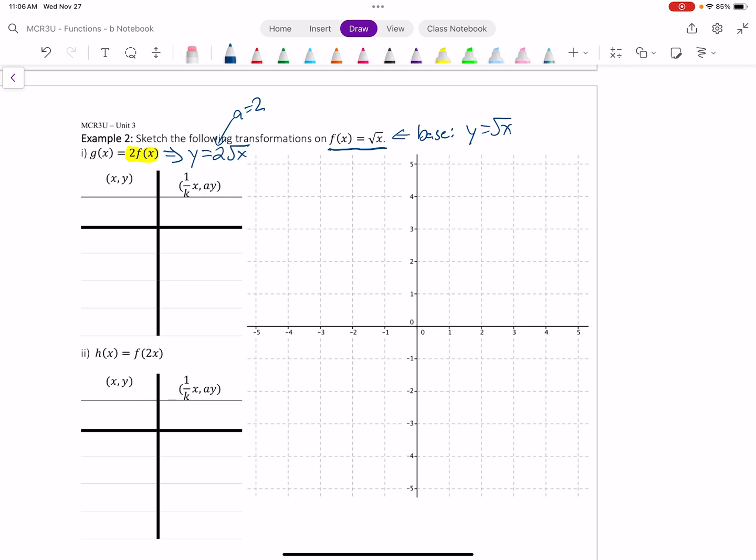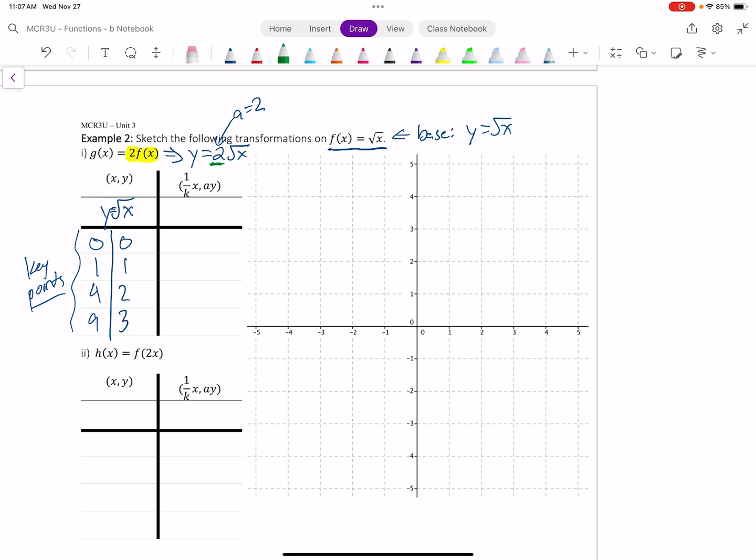So my original function, y equals root x, I have my key points. So 0, 0, 1, 1, 4, 2, 9, 3. Again, key points here. Starting to get used to these now. I want to transform those key points by affecting them with this thing.